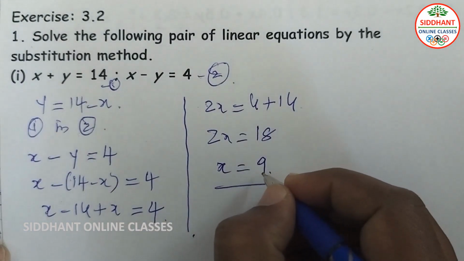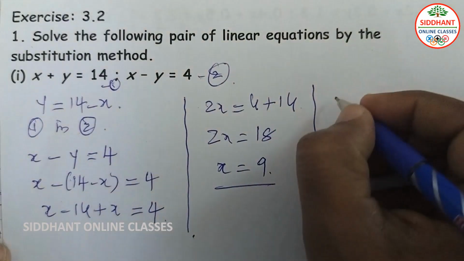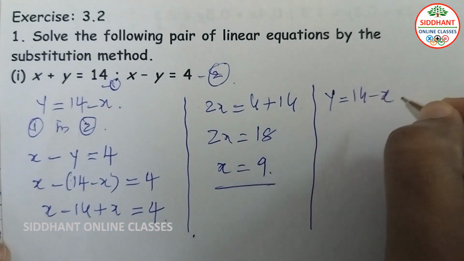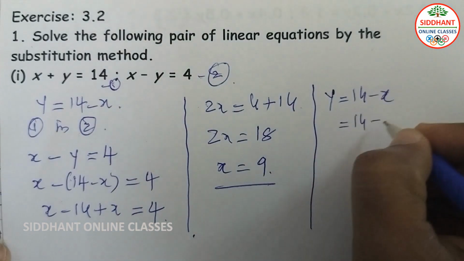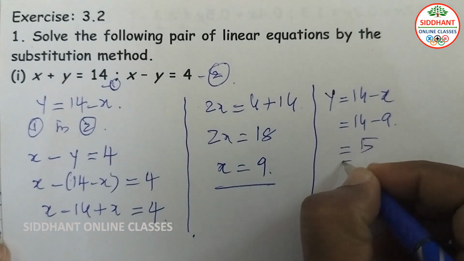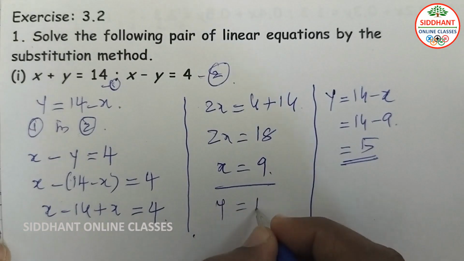So now when x is 9, y equal to 14 minus x, that is 14 minus 9, which is equal to 5. So x is 9 and y is 5.